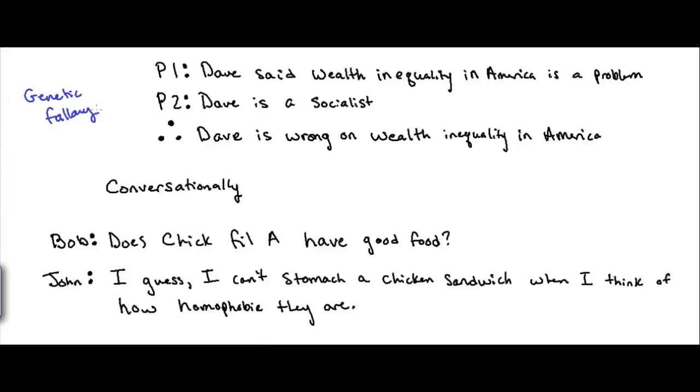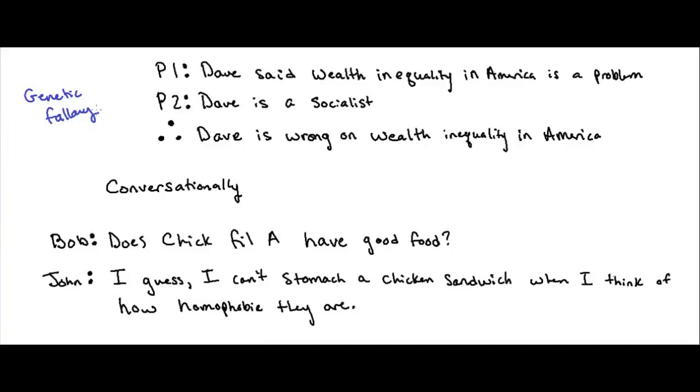What happens when we commit a genetic fallacy is we dismiss someone's points purely on where that point is coming from. This argument is basically saying because it came from a socialist, it has to be wrong, and that's not true. Socialists can be right on things, can't they? They can even be right on the main position that they're talking about, or they could be wrong, but just because it came from a socialist, or any person for that matter, doesn't make the claim false.